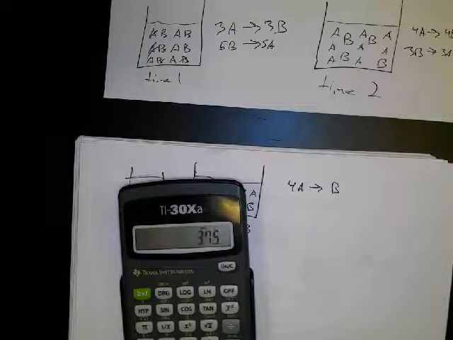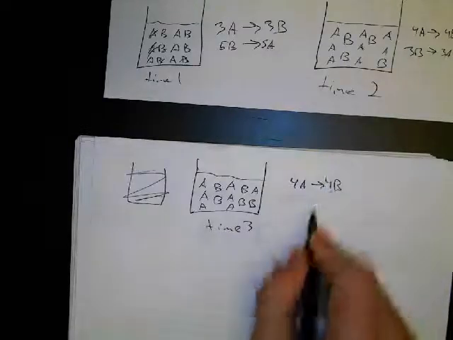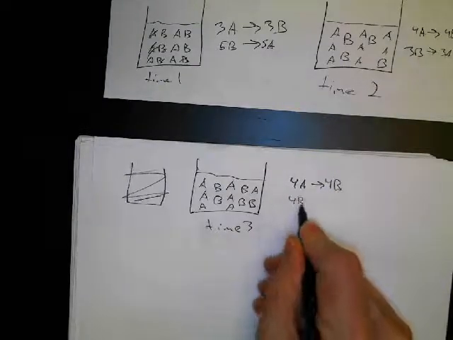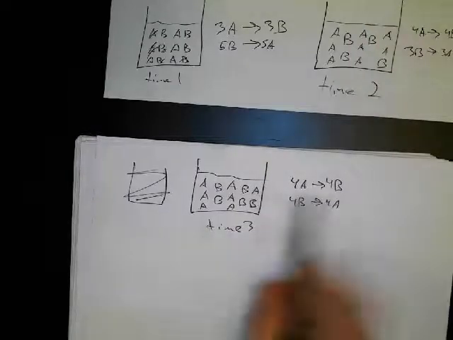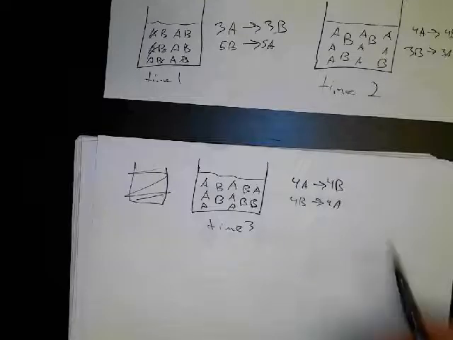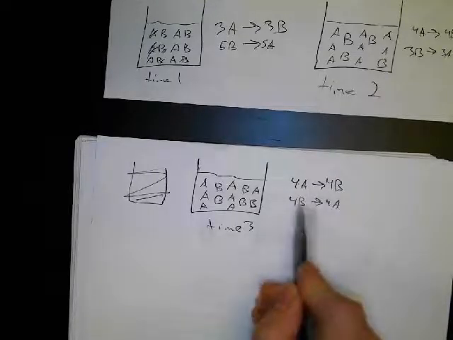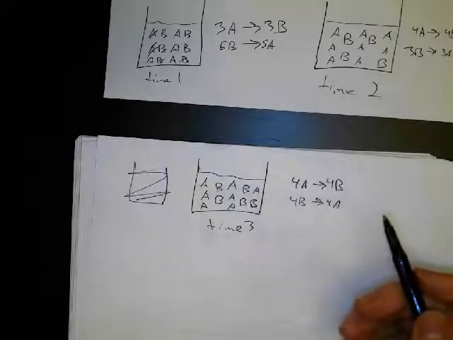I'll round it up to 4. 4 A's go to 4 B's, but then 4 B's are going to go to 4 A's like that. And notice that at this point, that actually doesn't change anything. As many A's have turned into B's as B's have turned into A's. And so I'll still wind up with the same situation. Okay?